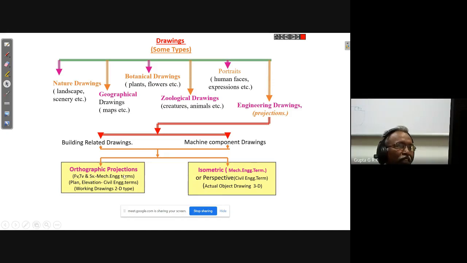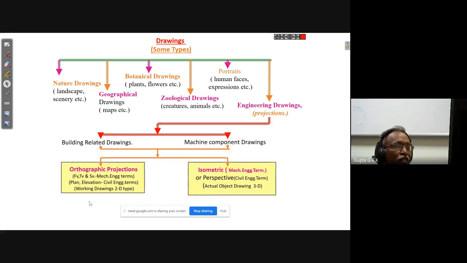These are mechanical engineering terms. If you are drawing a building drawing, there will be plan and elevation. Plan means top view, elevation means front view. Suppose you want to build a house, you will go to an architect and he will draw the plan of the building. That is the top view of the building.